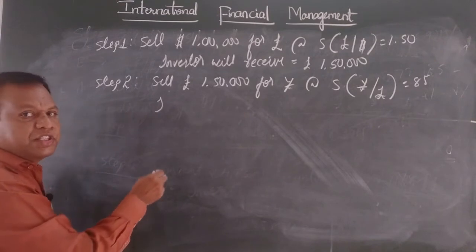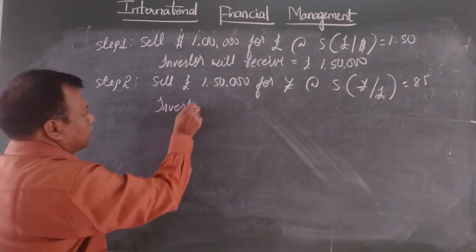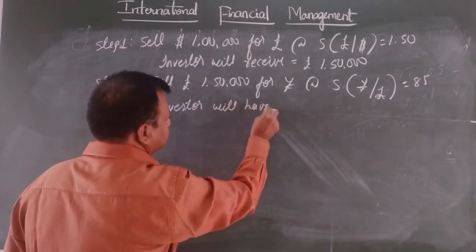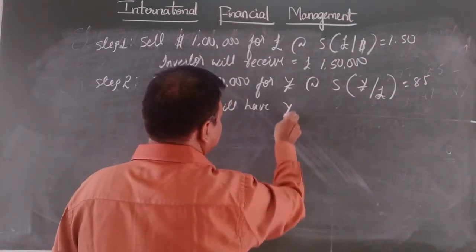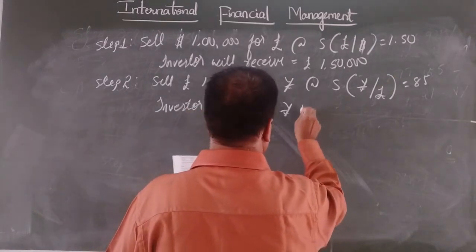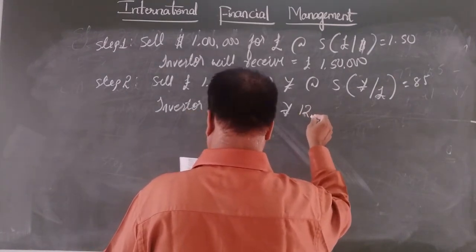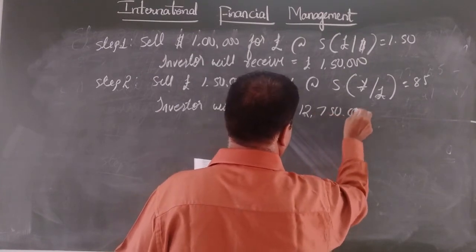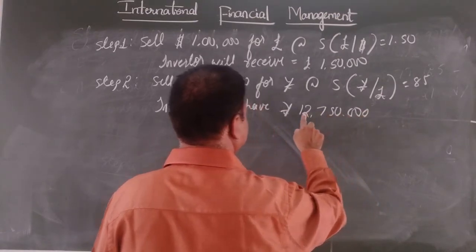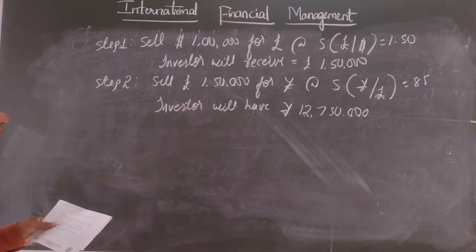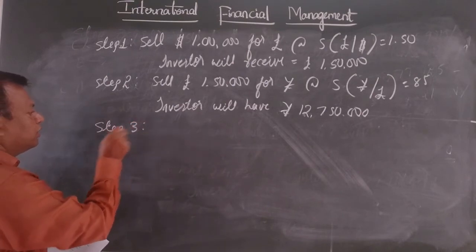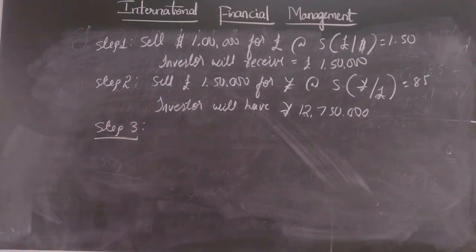So the investor will have yen of 1,27,50,000. So step 3, we are converting back from yen to dollar.